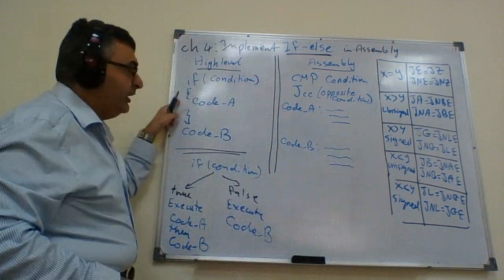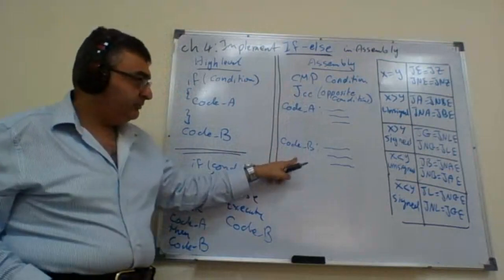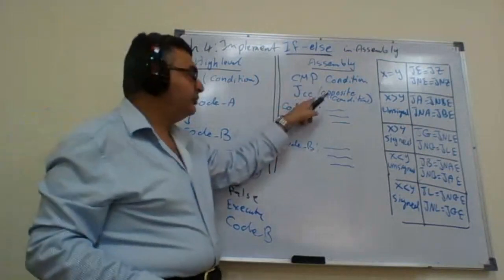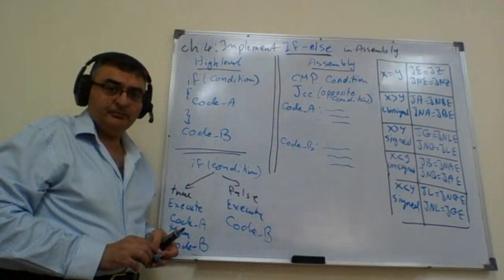If the jump condition is evaluated as true, I need to jump to B. So I have to use the opposite condition.